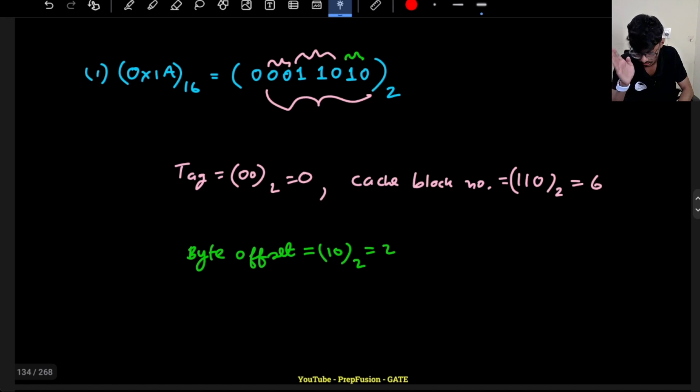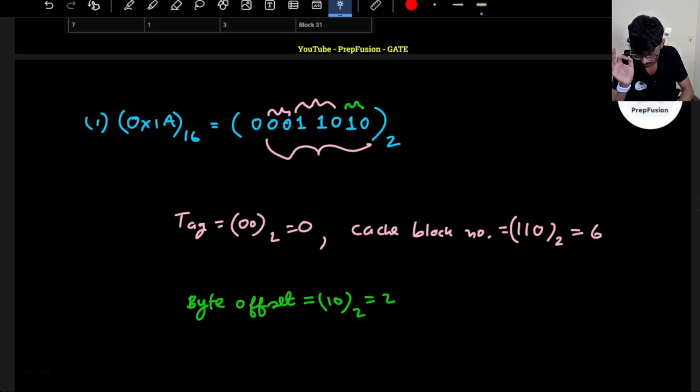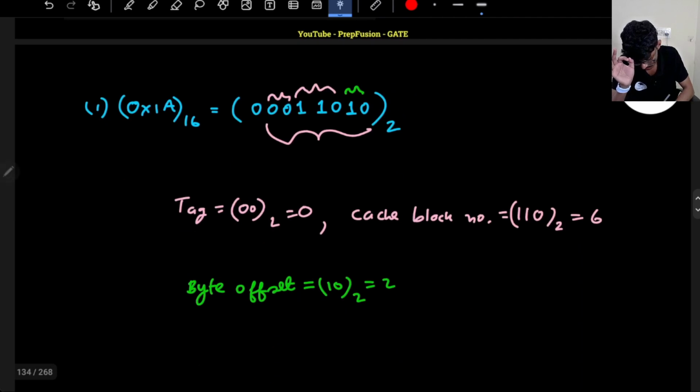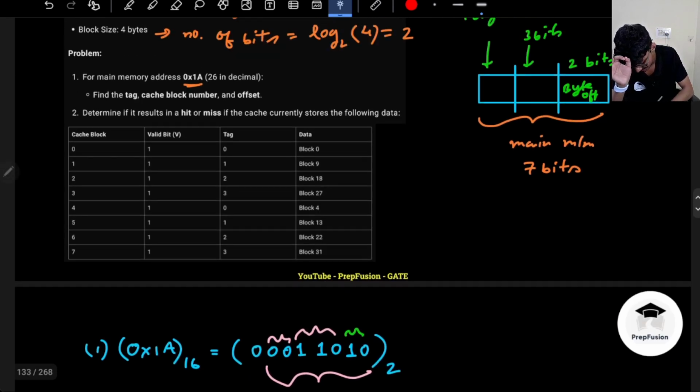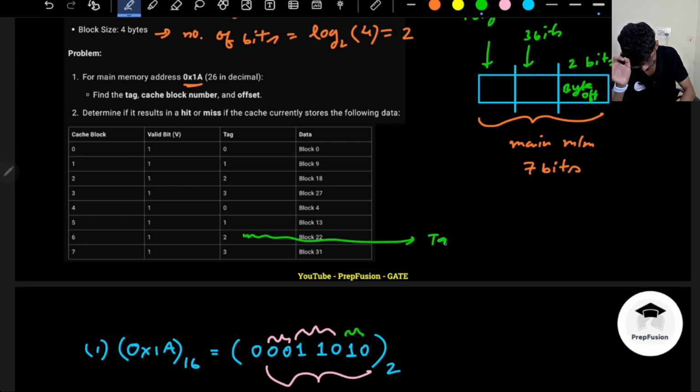Currently my tag is 0, but here the tag is 2, so the tag is not matching.